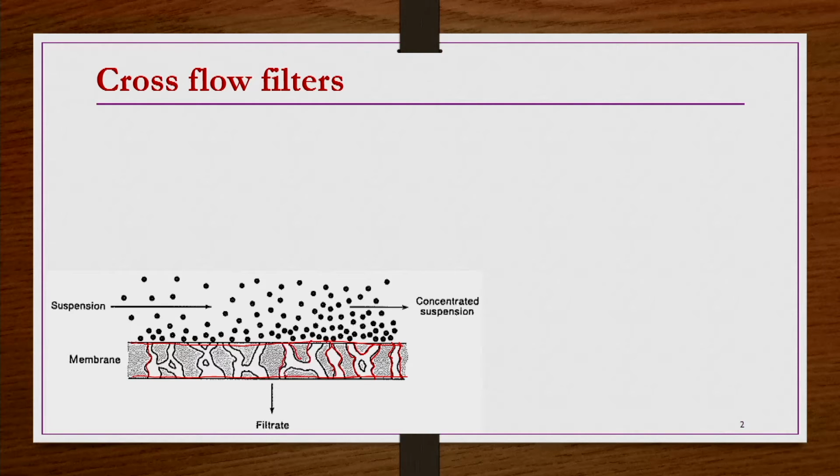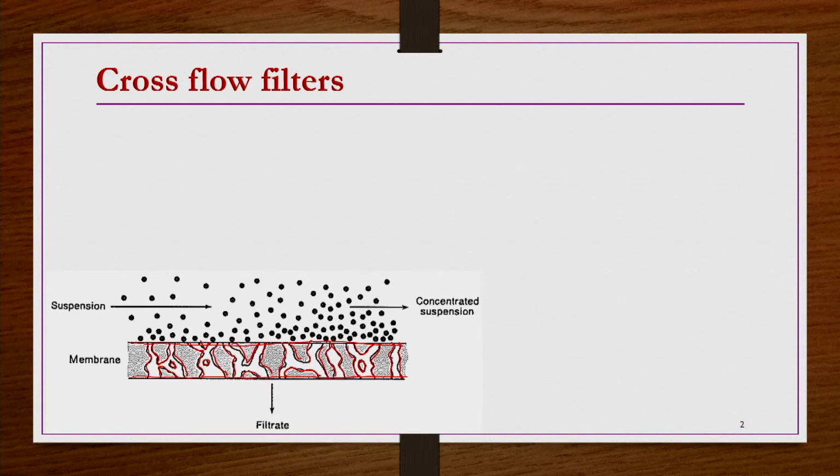Some of the channels or openings are connected to other porous openings, while some are independent, just passing through without any interconnection with the other pores. These kinds of membranes are in general used as the filter medium for cross flow filters.